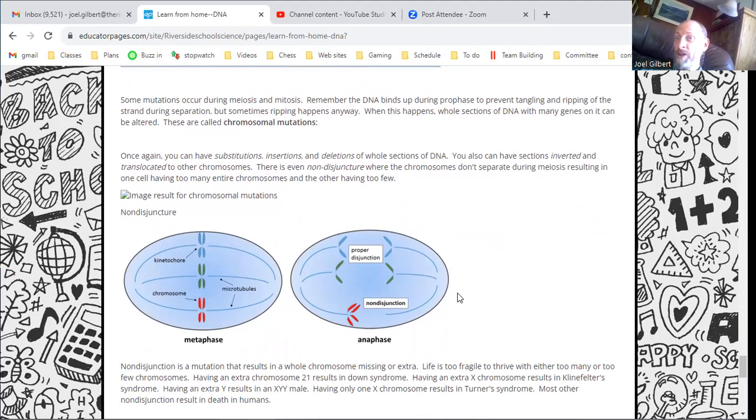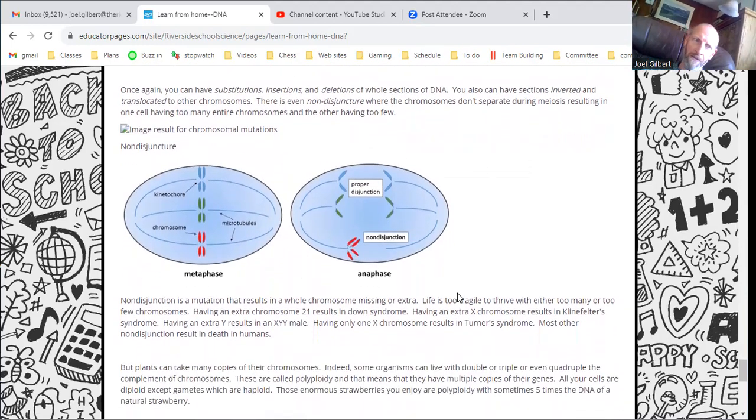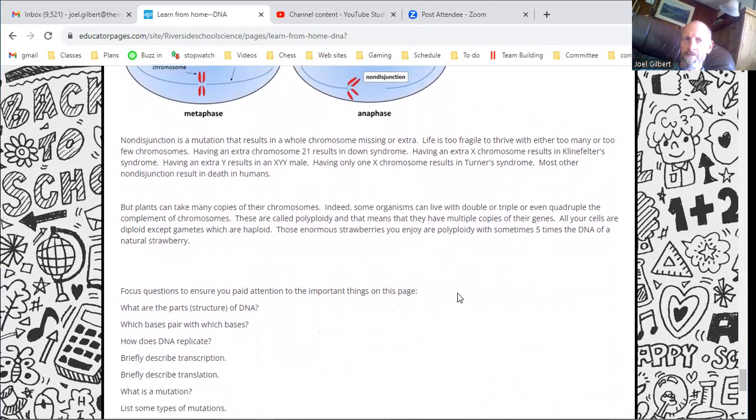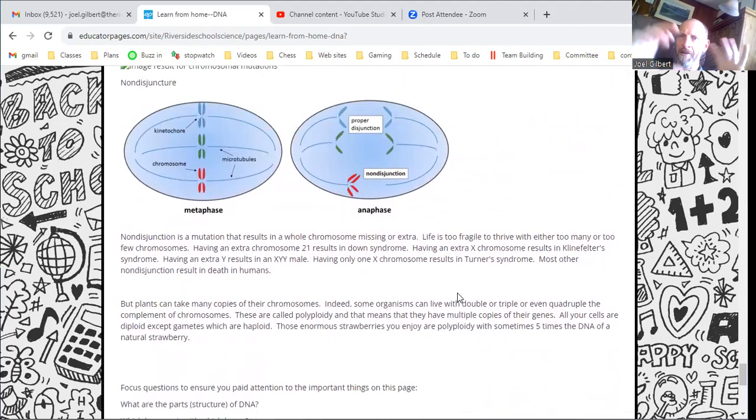And this has a really major impact on a lot of the way the creature lives. Down syndrome would be an example of that. So would Turner's or Klinefelter's. We are particular in the balance, so we need just the 23 and 23, so the 46 chromosomes that we have. Too many or too few, and we don't do so well.